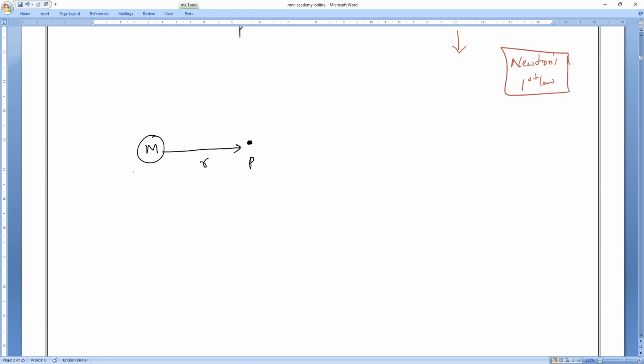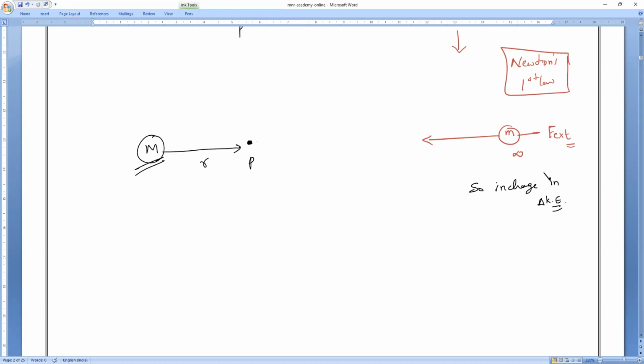So the potential due to this mass m is what we want. Now, both are attracting each other, so there is an external force which controls the motion so that there is no change in kinetic energy. Understand?